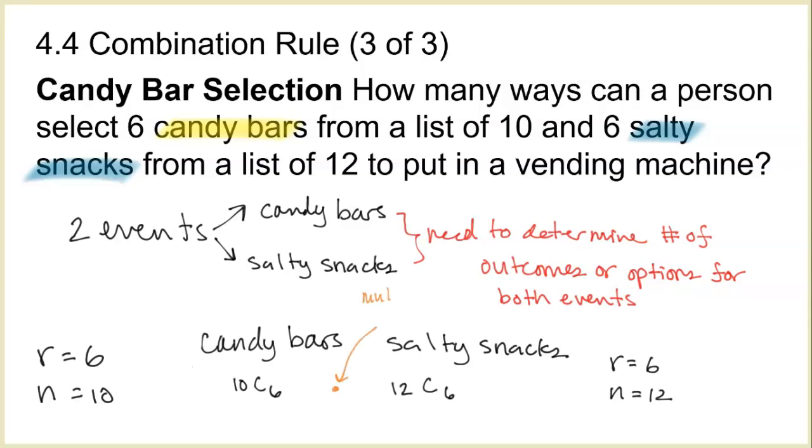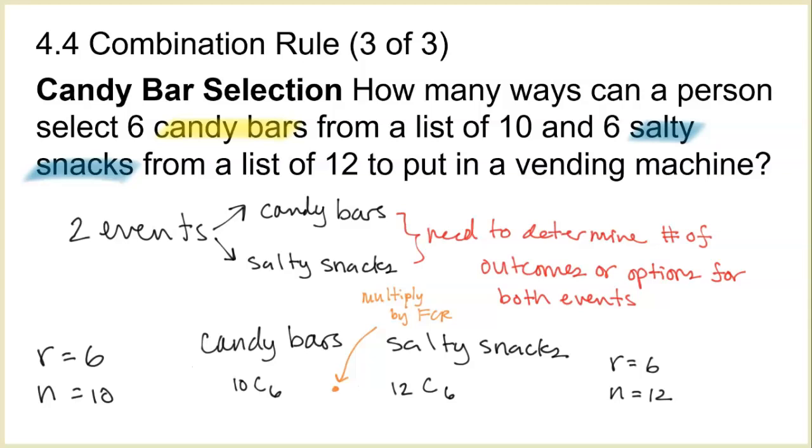And the fundamental counting theorem tells us we have 2 different events, candy bars and salty snacks, and this represents the number of different options in the candy bars event, and this represents the number of different options in the salty snack event. I just multiply those 2 numbers together, and that will give us the total number of ways to choose 6 candy bars from 10 and 6 salty snacks from 12.